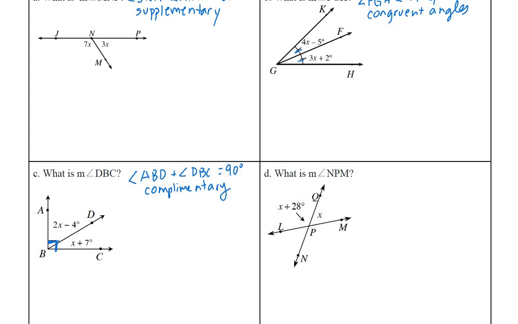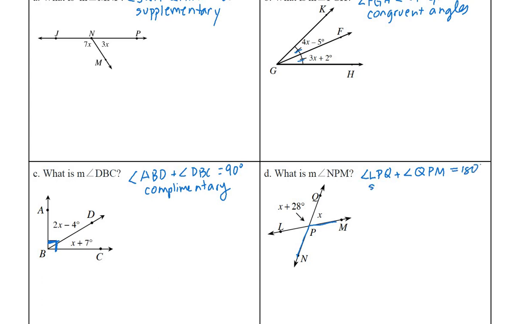Okay, here I'm being asked to find angle NPM, and I think I might need two angle relationships for this. First, I see that angle LPQ plus angle QPM should equal 180 degrees. They are supplementary.